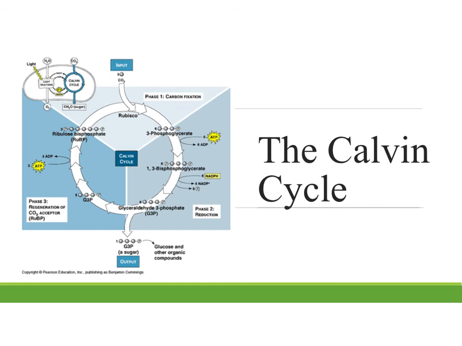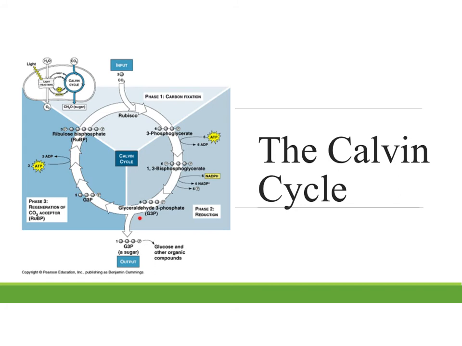Next, the chemical energy that's stored in the NADPH and the ATP gets transferred to these PGA molecules, and that's going to form high energy molecules. This high energy molecule, we're going to call it G3P.